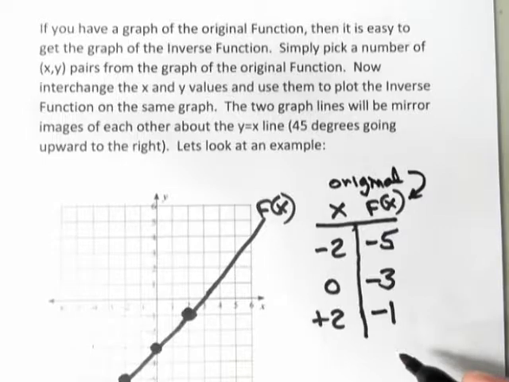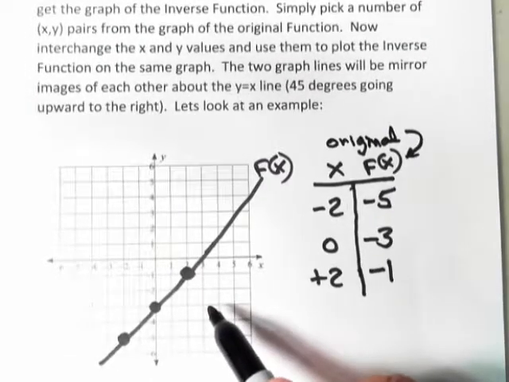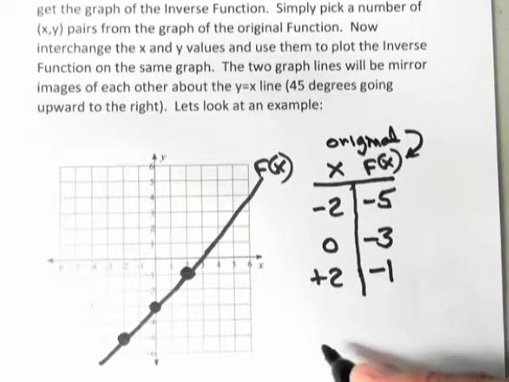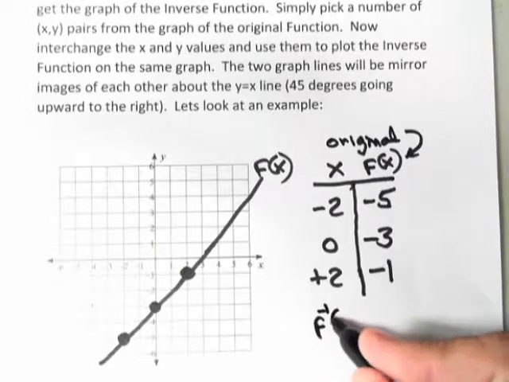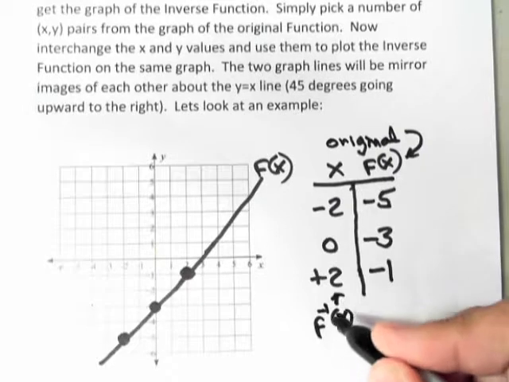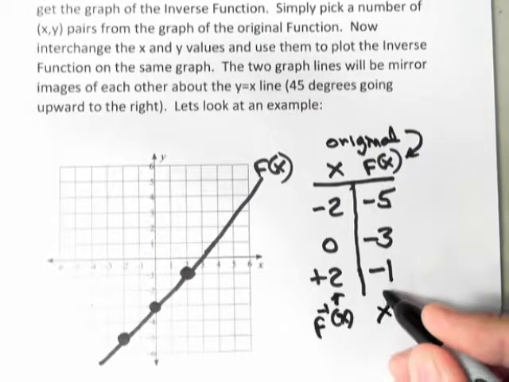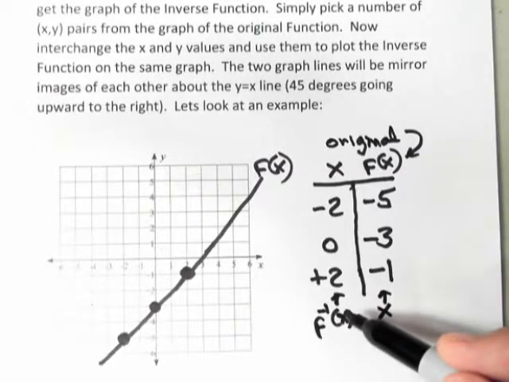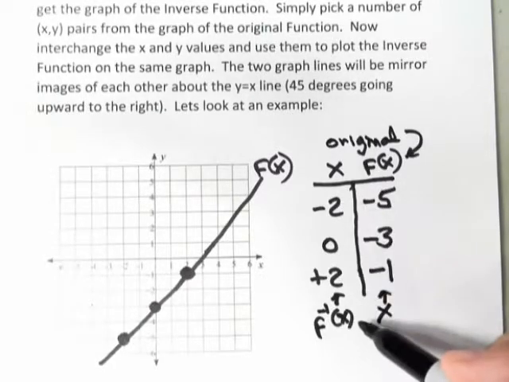Okay, now what we want to do is to be able to draw on this graph the inverse function. So here's what you simply do. You say, okay, f -1 of x is going to be these guys. That's the y value. And the x's are going to be these guys. So now replot, but now these are the x's and these are the y's.